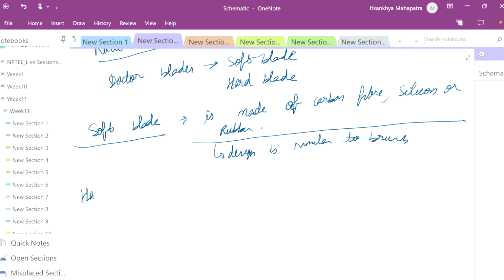Now the hard blade is made up of hard tool steel. Now the hard blade is usually more preferable as compared to the soft blade.